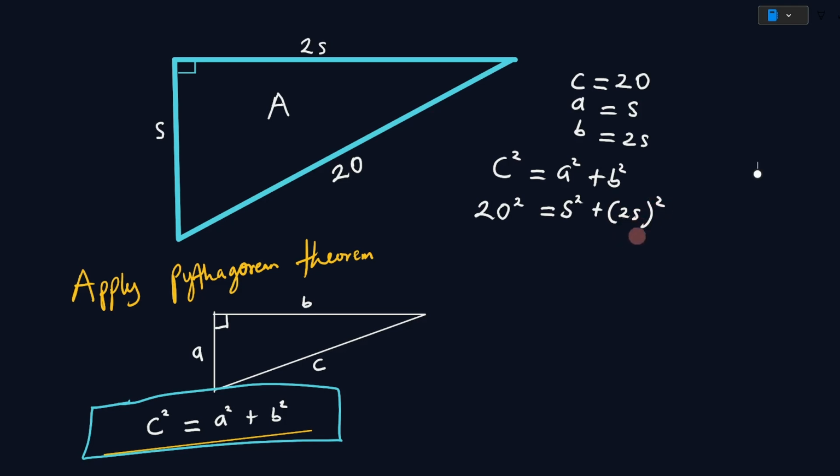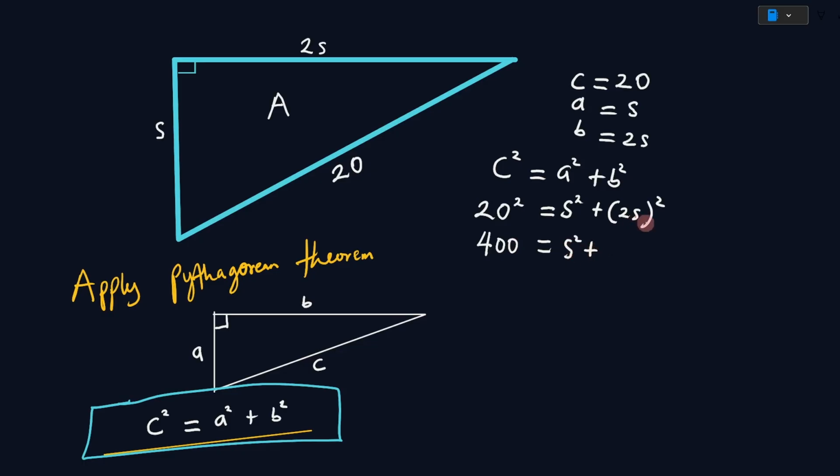Note, the common mistake students make when they see 2S is to try to square it like this, seeing it as 2 times S squared. If you do this, that means the square is only covering the S and not the 2. This is wrong.